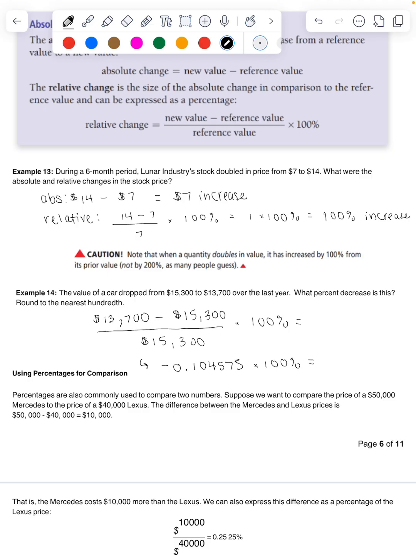So with the times 100, I'm moving the decimal twice. It is a 10.46 because I'm looking at the 5 here, and I've got to see is that number more than 5 or greater than the 5, goes up to a 6. So it's a 10.46% decrease.